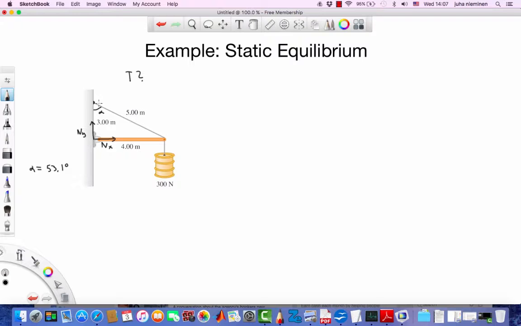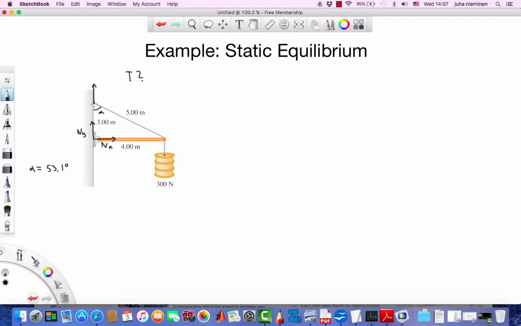And same thing with the tension force. We can divide it into two components. If you think about the situation, the mass of the barrel is acting down, so the initial guess would be that maybe the tension force in the y direction is up.